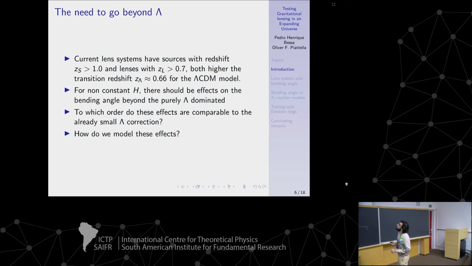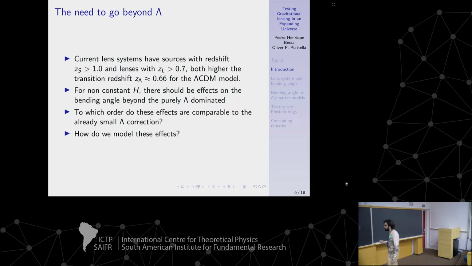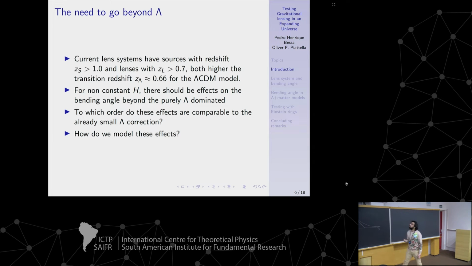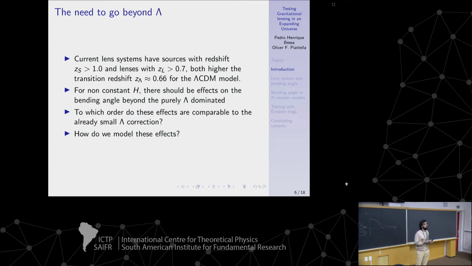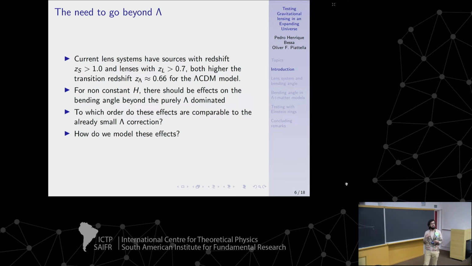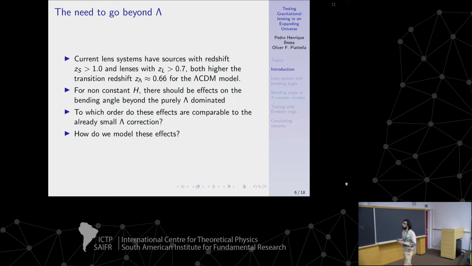And as I was saying, for non-constant Hubble factor, for models that go beyond de Sitter, we should see effects that go beyond the lambda-dominated case. And the thing is, how can we predict these effects? And are they significant? Are they of the same order of the small lambda correction that we find when we take everything into account? And that's the question I'm trying to answer.